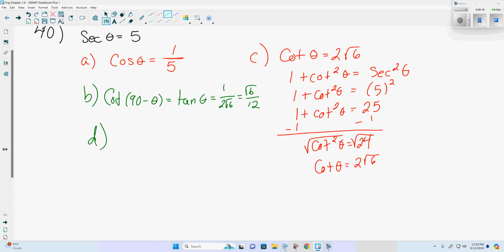C is cotangent's 2 square root of 6. And the last one's sine.